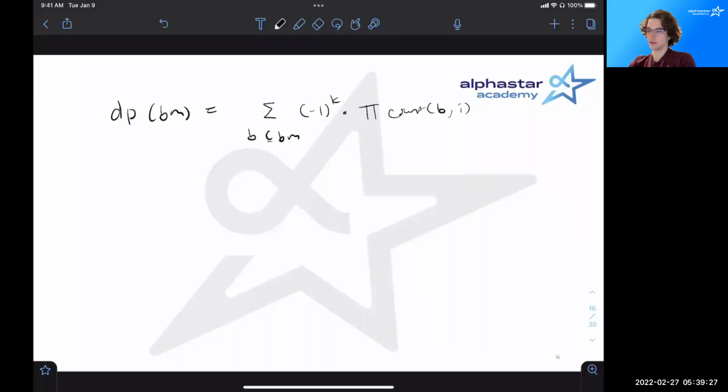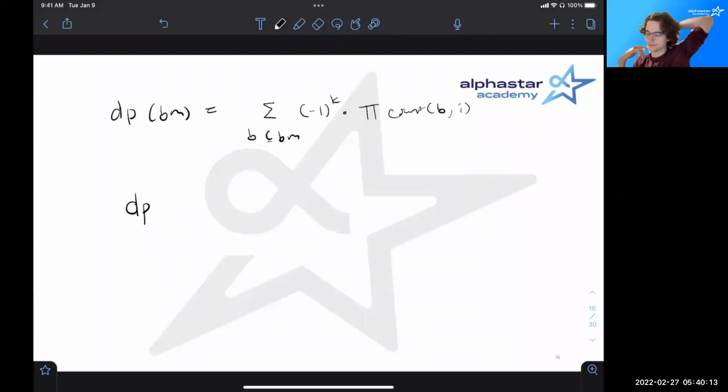Can you write this recursively? Because if you knew, if we only consider moving one element, one index in BM, I think this is basically going to end up being like the expansion by minors formula.